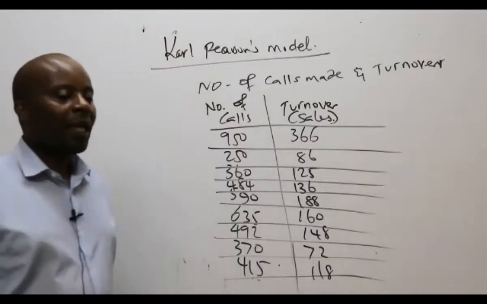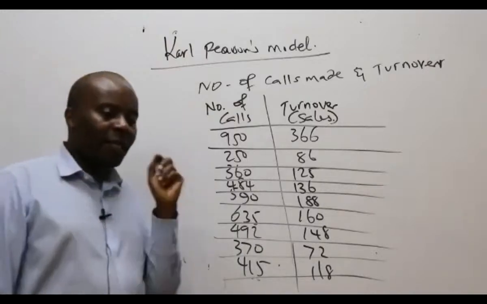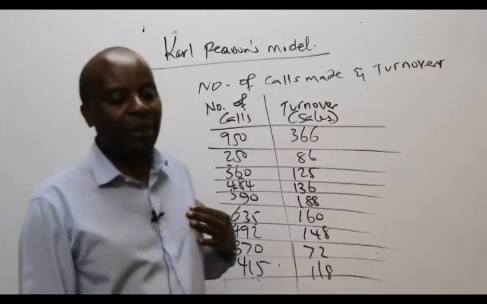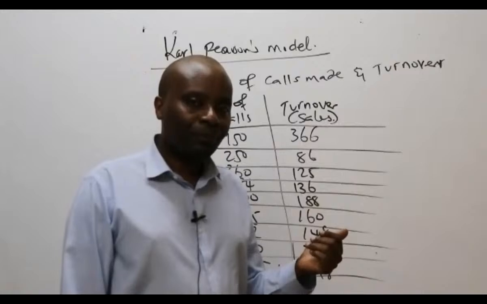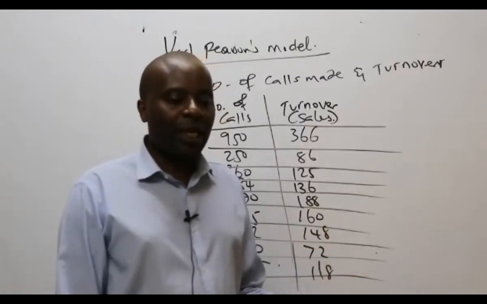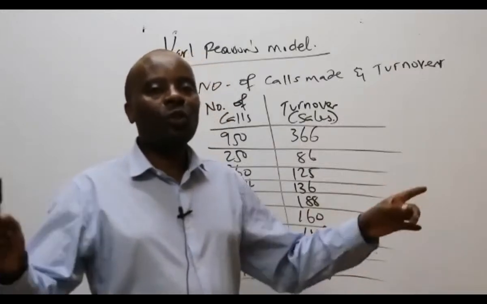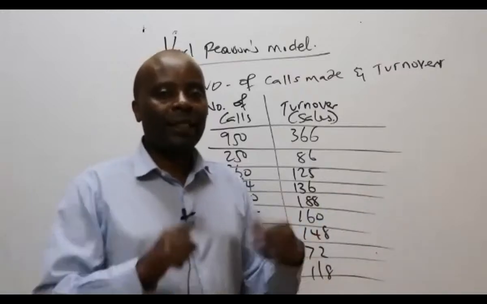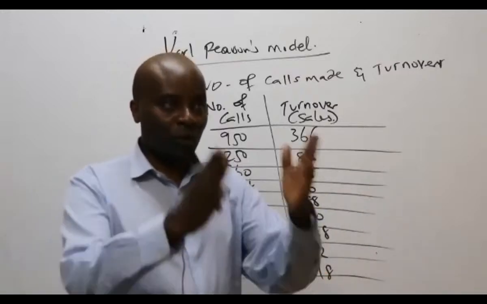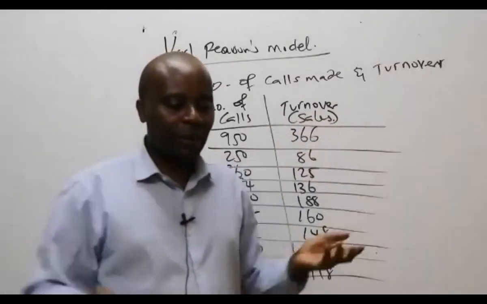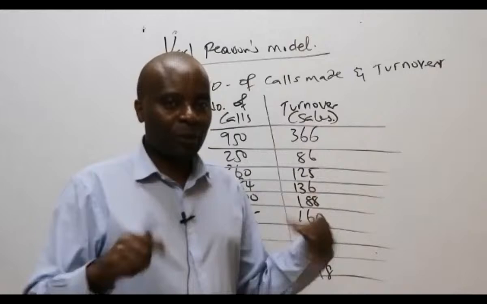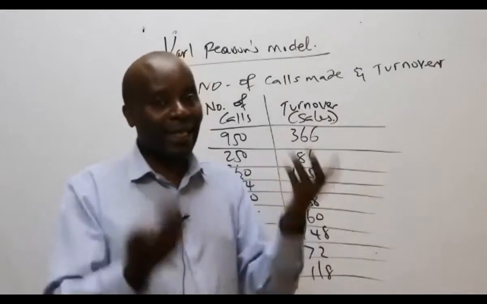So, ladies and gentlemen, once I've done this, this is something I used to really apply when I was an examiner, to ensure that I threw most of my students under the bus. When you throw somebody under the bus, it means this person will not be able to reach Canaan.